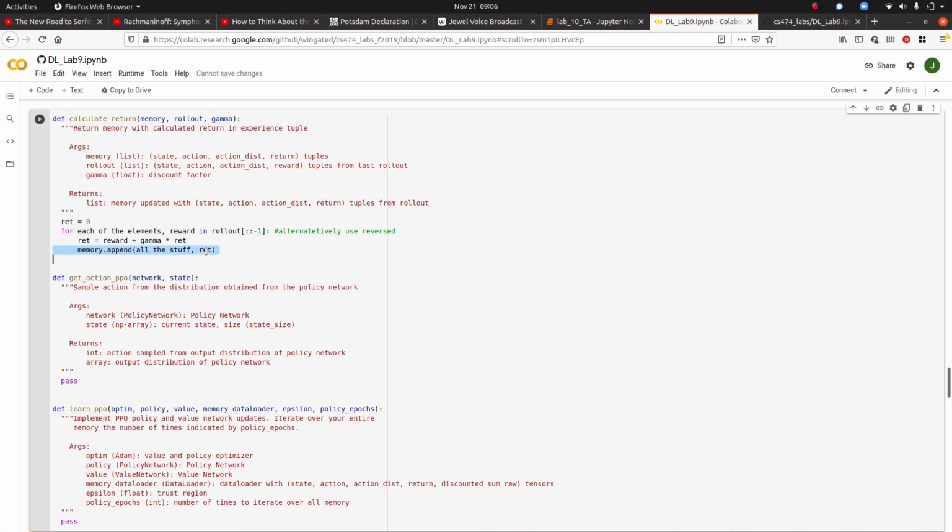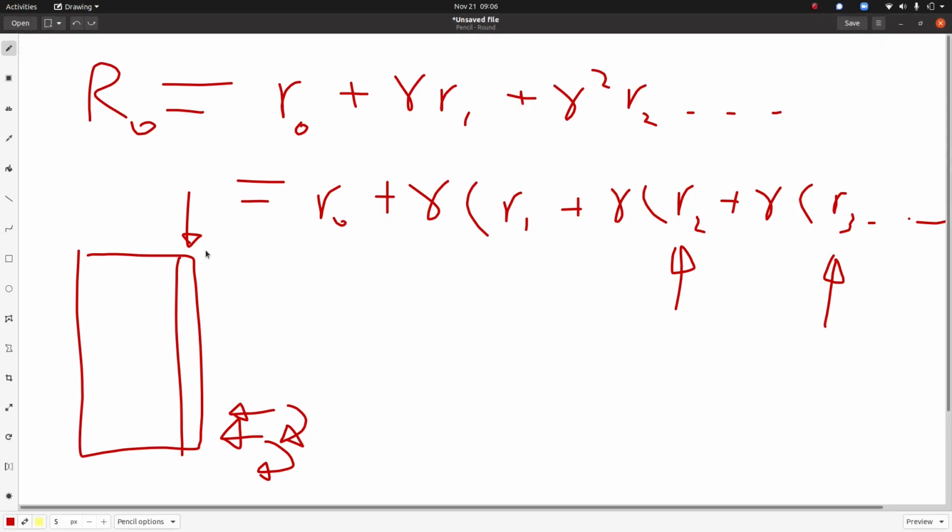For those that are wondering why we call it the return, you can think of this like investing. Your reward is the sum of money that you are paid on a specific day, like your wages.